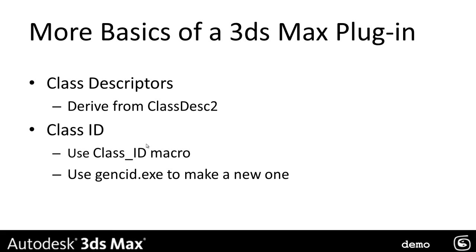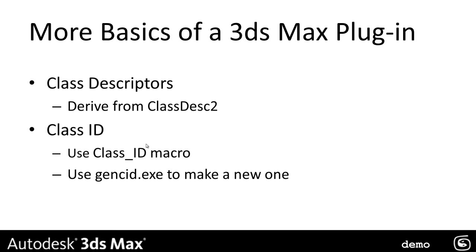Some additional basics are the class descriptors, and in the current context you would derive from class descriptor 2. So these are versioned. There is an older one, and some of the samples do use the older one, but for anything new you should derive from class descriptor 2. And then there's also the notion of a class ID. Now this class ID uniquely identifies your plugin to 3ds Max, and this is the fundamental system to make your plugin unique.